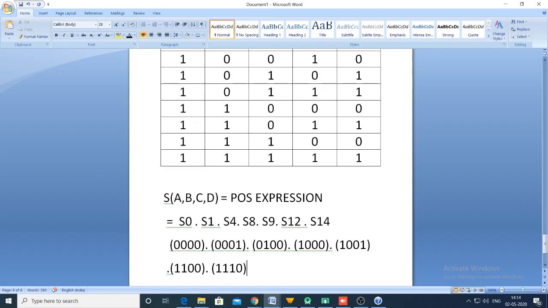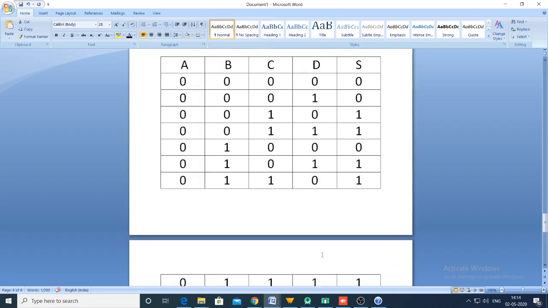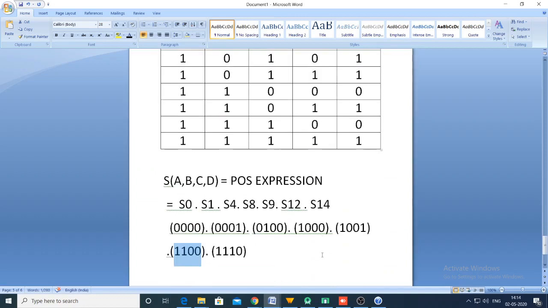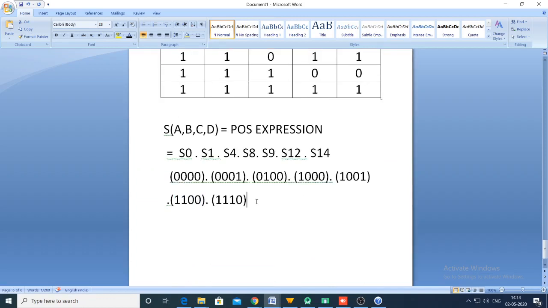Okay, so this number I got straight away. 14th state is this one, so 1 1 1 0, that's what I have written over here. The next one 12, 1 1 0 0. Yes, everything is correct there.